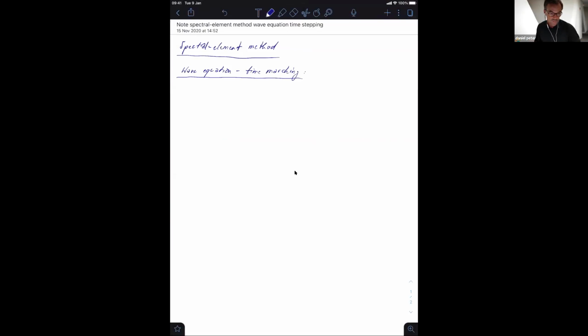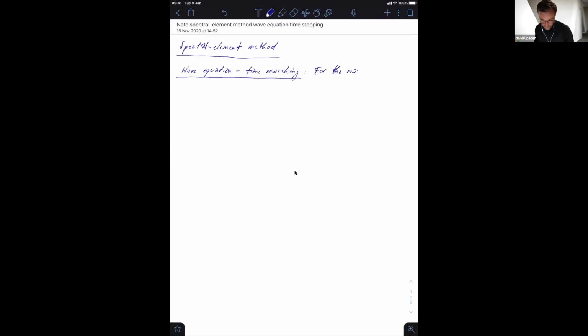Good. So what I want to put down is just a few notes for this time marching scheme, this Newmark algorithm that we are using for the wave equation implementation. So let me quickly put that down.